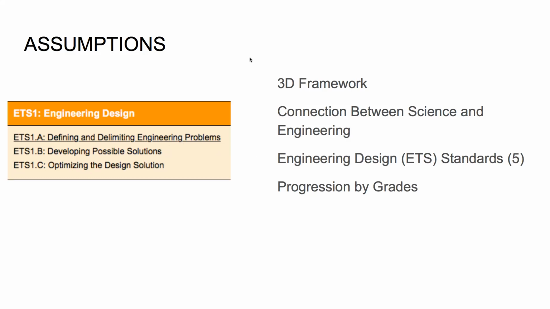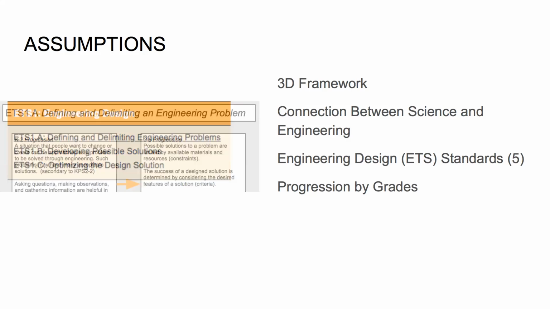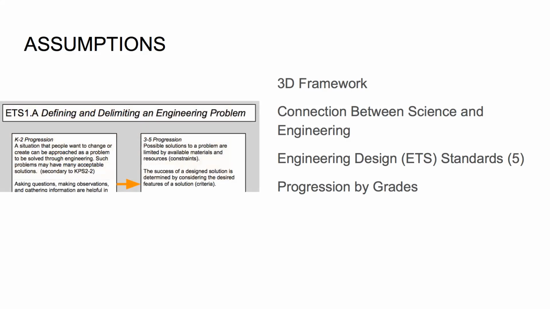So one assumption is that you are becoming familiar with these, as well as that there's a progression by grade level. So here's an example of just K through progressing to 3 through 5. We are not looking at this. I believe yesterday, some of you all were in a session possibly with Britta and John Mark, looking specifically at the progressions.